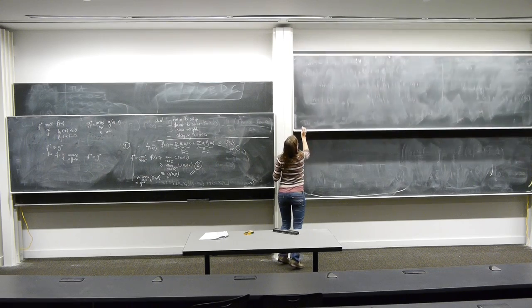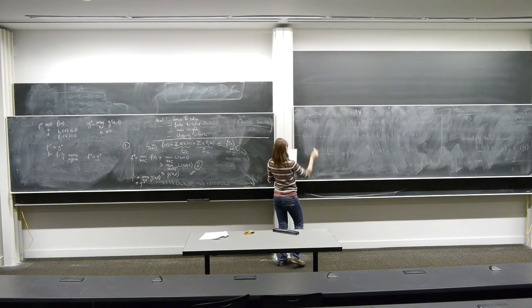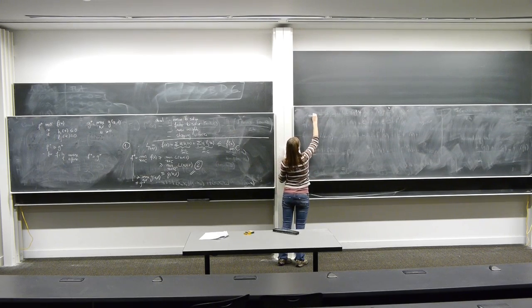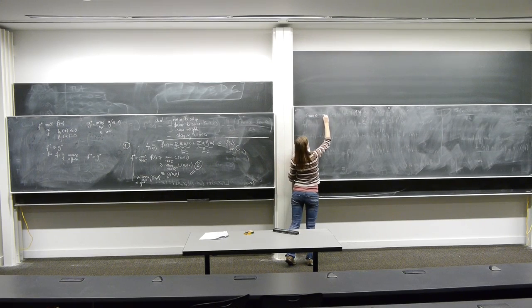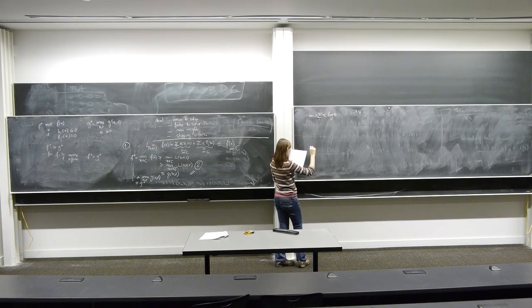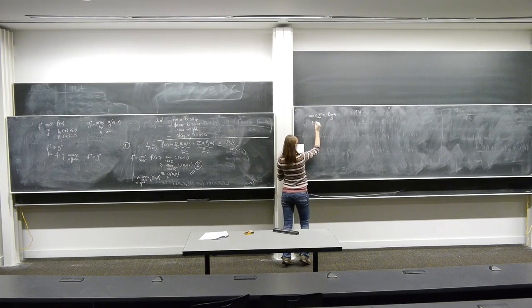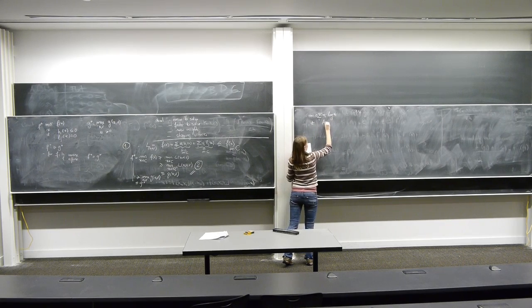So let's do this. You're trying to minimize the sum of xi log xi. This is just the negative entropy, subject to inequality constraints on x and an equality constraint. It's just saying that x is a probability distribution.